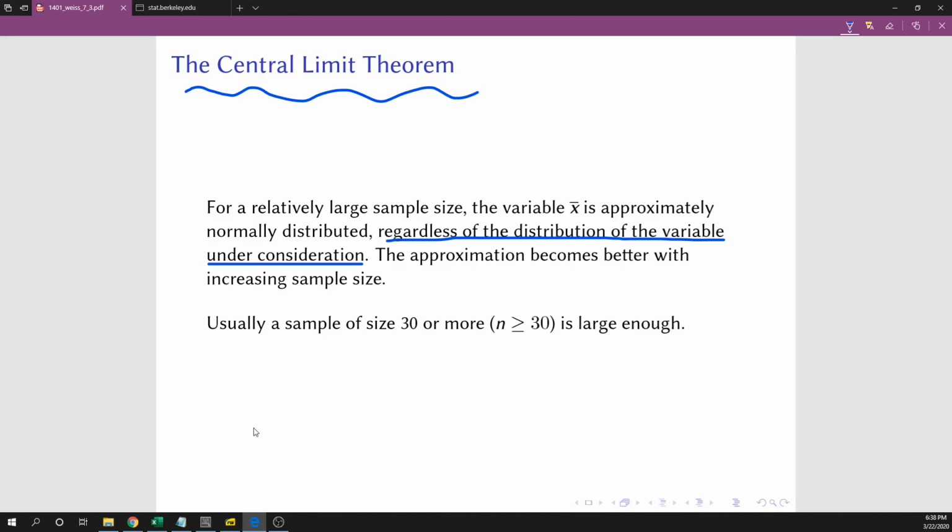So even if you start with a distribution that might not be normal, say x comes from here, and so this one is right skewed, so this one would be not normal.